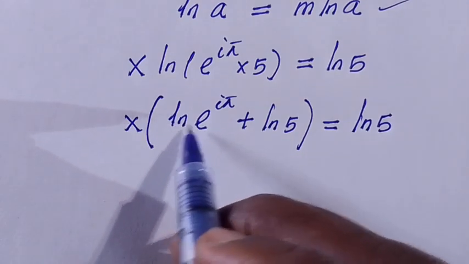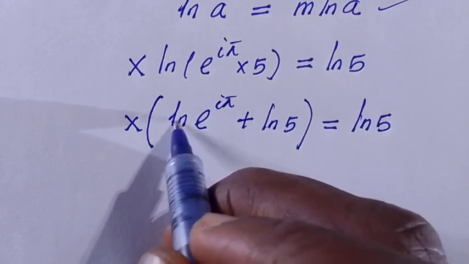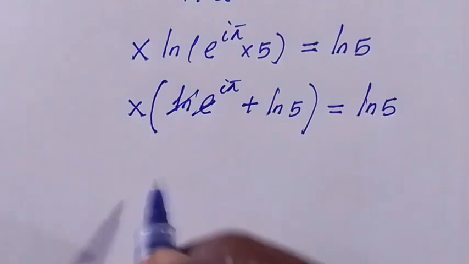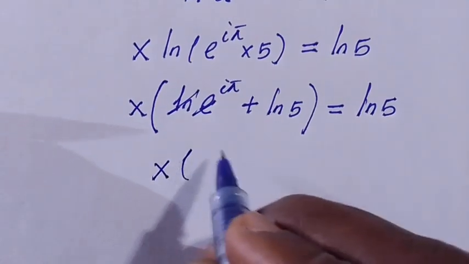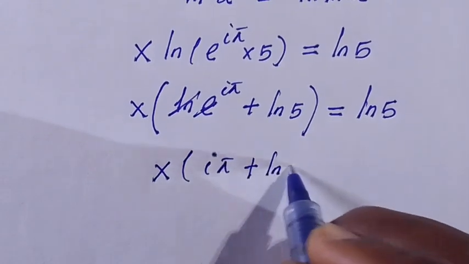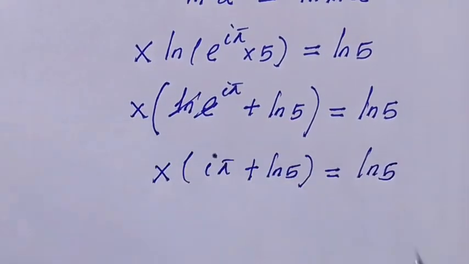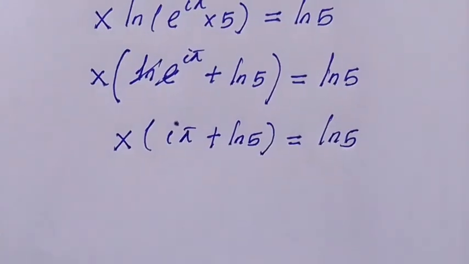Then anytime we have ln and exponential, they are inverse to each other, so they cancel each other, so that we have x into bracket of i pi plus ln 5, everything equals ln 5.